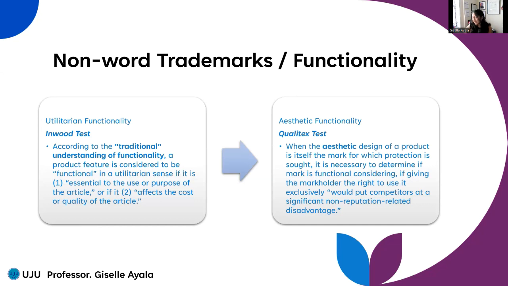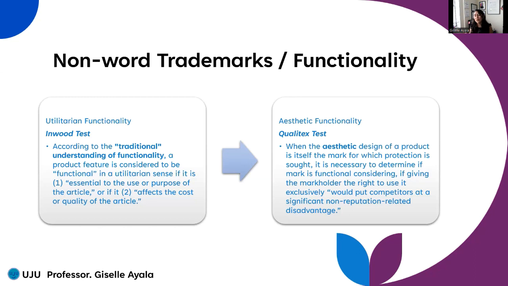Is this a feature of the product that is related to the reputation of that specific trademark claimant, or is this something that is non-reputation related and therefore giving that trademark right to only one market participant will actually disadvantage the market in general?